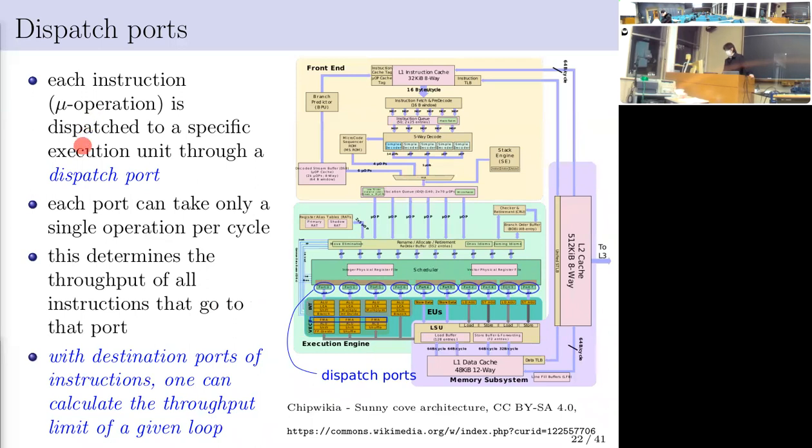Right, so this is how superscalar processors are operating behind the scenes. Each instruction, or more precisely in Intel's terminology, one instruction may be decomposed into smaller operations, which they call micro operations or mu-ops. To be more precise, each micro operation is dispatched to a specific execution unit through a dispatch port.